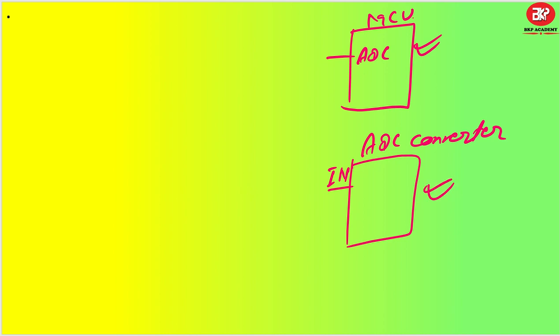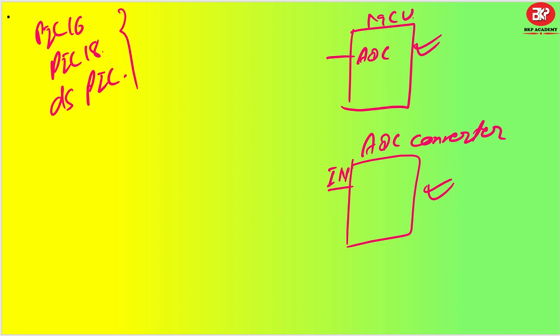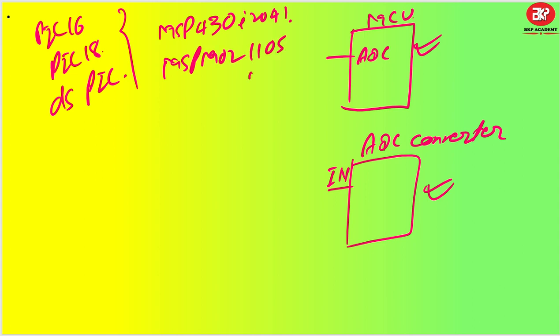Microcontroller ADC, you have seen a lot of microcontrollers. Let us say we have seen PIC 16F or PIC 18F. We have seen DSP ICs from Microchip. Then we have seen Texas Instruments ICs also, like MSP430 I2041, which was having 16-bit ADCs. Then we have MSPM0L1105 and 1306, and similar to that MSPM0G3507 or 3506.